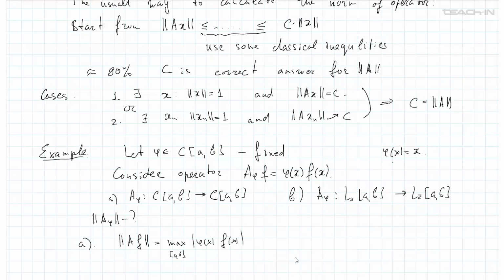And we know that the maximum of a product is less or equal to the product of maximums. So some classical inequality. This is just the norm of element f, and this is some constant c. So we can see that it is less or equal to the norm of phi.